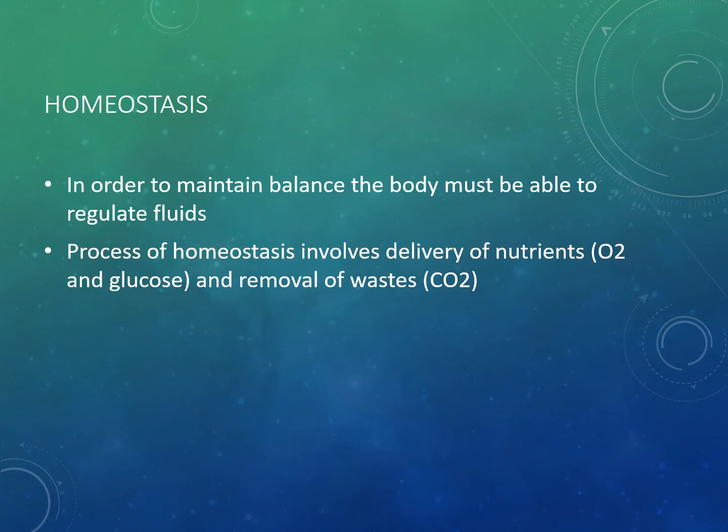Then in the process of metabolizing the nutrients, the cell makes waste products, nitrogenous waste and CO2, and those then must travel by way of fluid back into the vascular system so that they can be excreted eventually by the kidney.